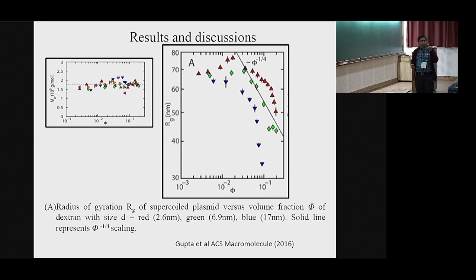It means it goes inside the plasmid and it swells up. Initially it increases, and the same thing happened for the slightly bigger 50 kD dextran molecule, but for the larger 70 nanometer size, it compacts the DNA molecule from the beginning.